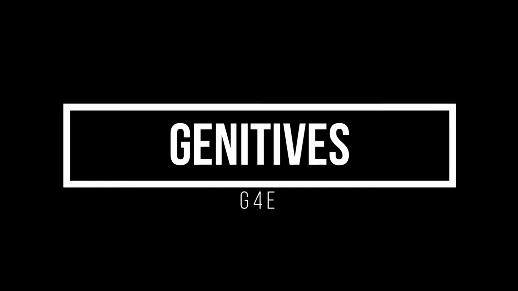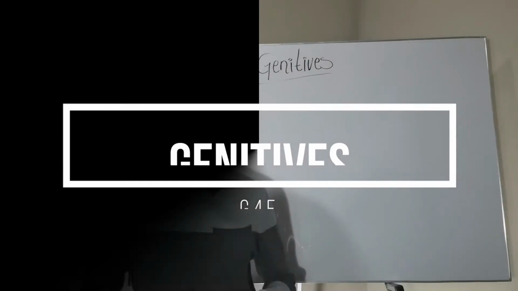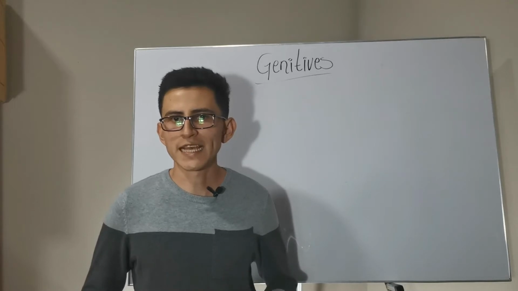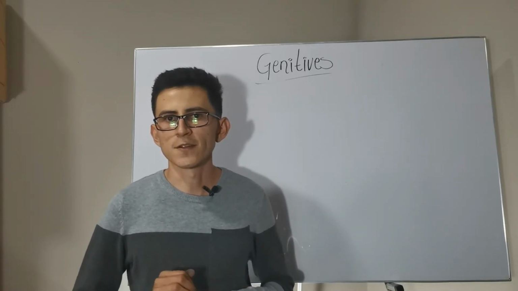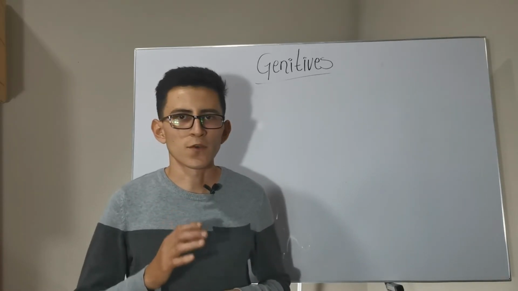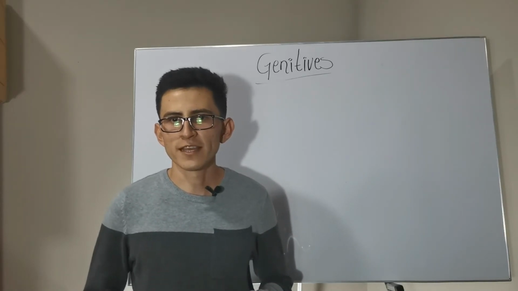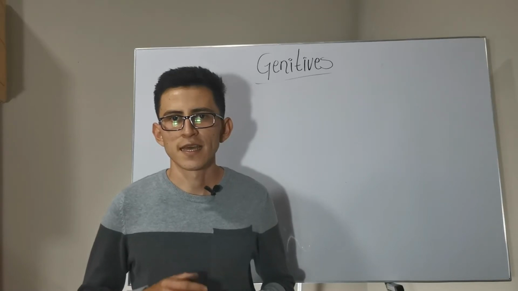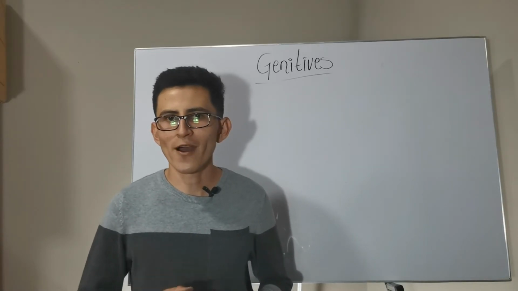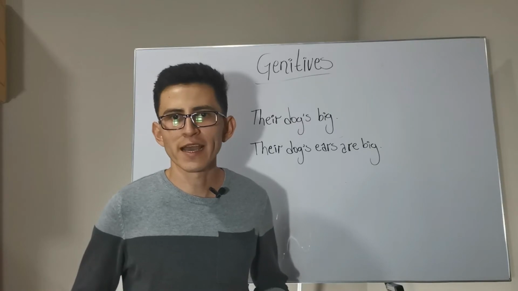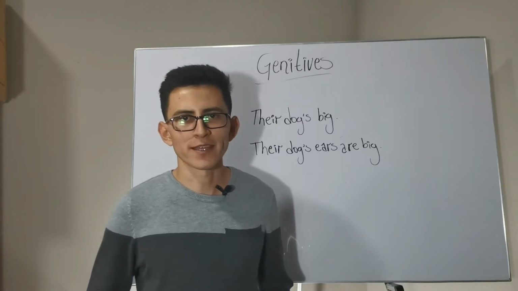Finally, we have genitives. These nouns show possession, but be careful. It is easy to confuse the contraction of the verb be with a genitive. Now I will explain to you why. This normally happens only in spoken English.